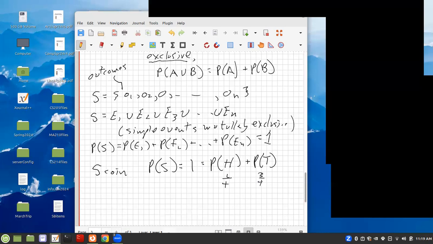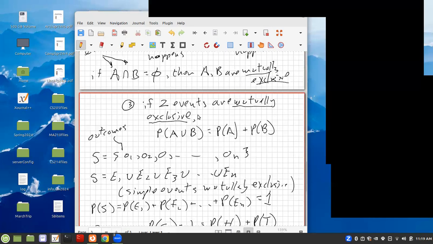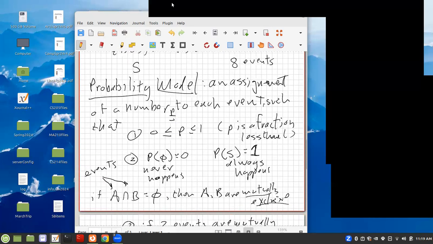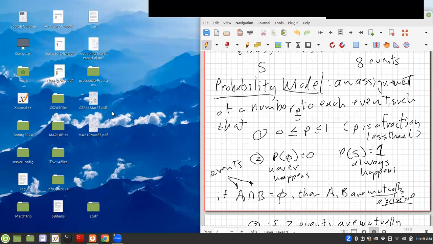If you make this 1/10, this has to be 9/10. So those would be different probability models. Now you might choose a probability model according to data to model some situation in the real world and try to understand it. So that is sort of the basic principles of probability, sort of what defines a probability model.